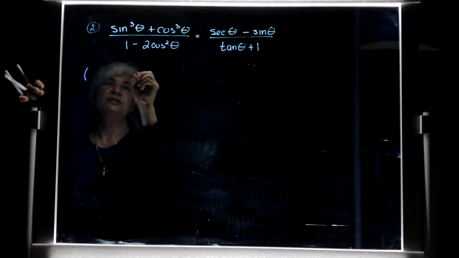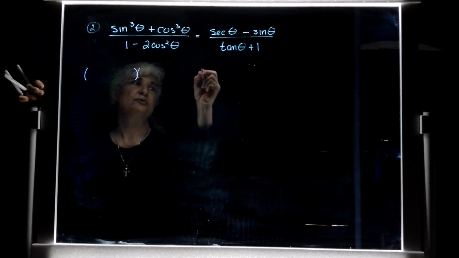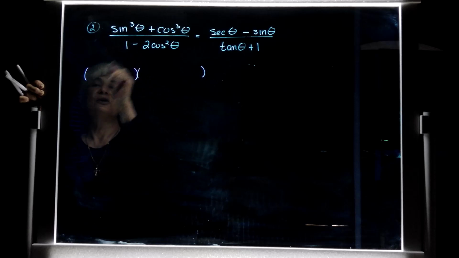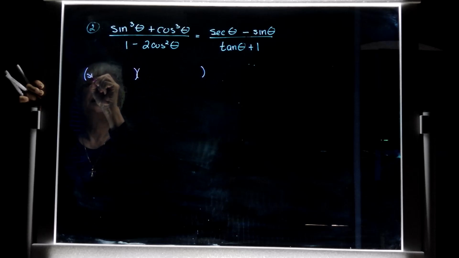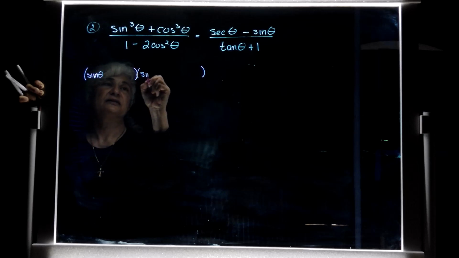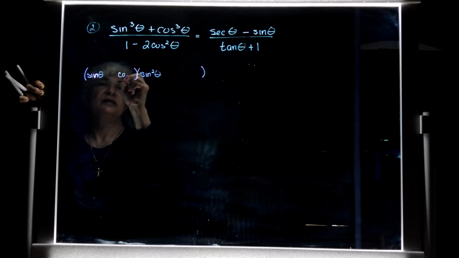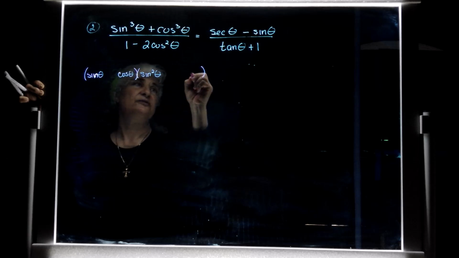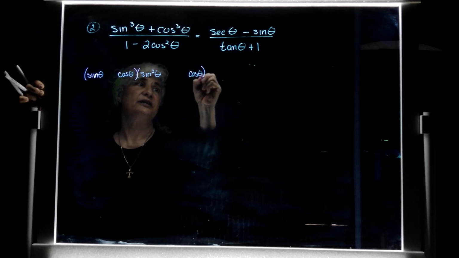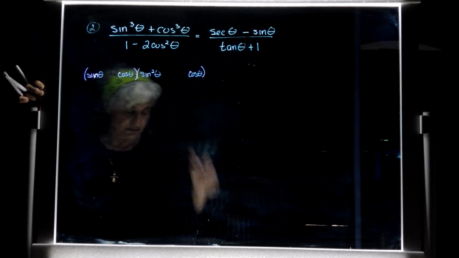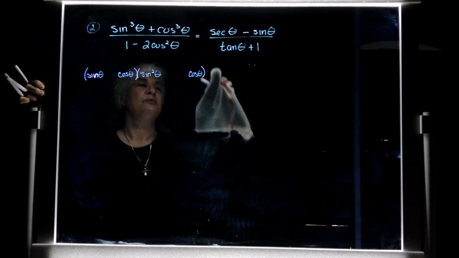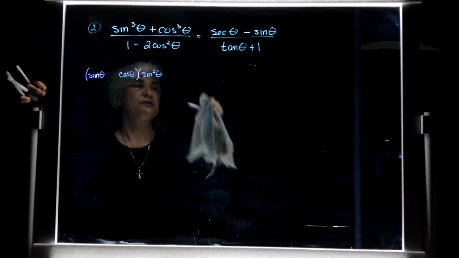So it's always 2 parentheses, even though it's cubes. So I have the sine of theta, and this one has the sine squared theta. I have cosine of theta, and at the end over here has cosine of theta. And in the middle, I'm going to need more room because I didn't make that big enough.